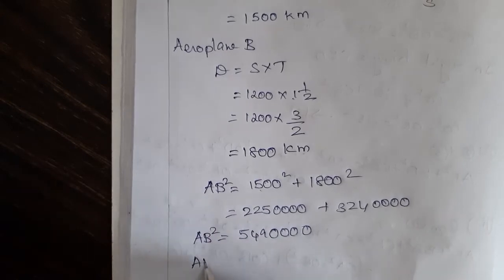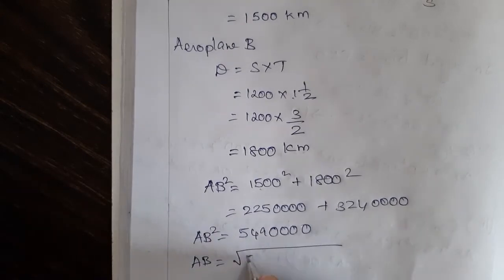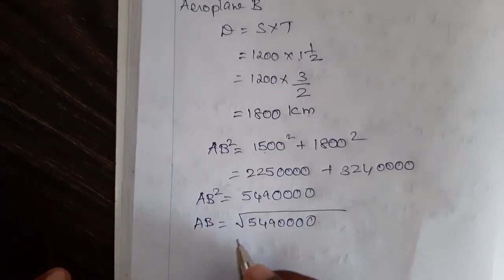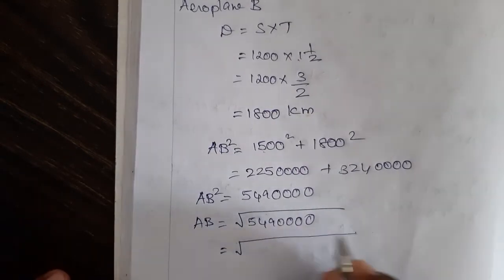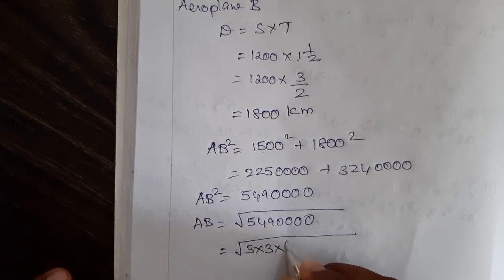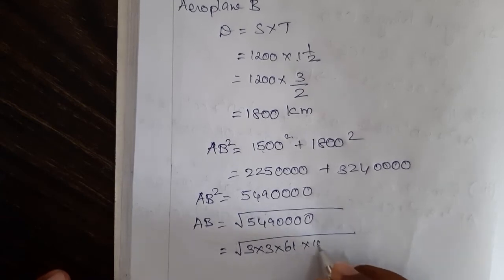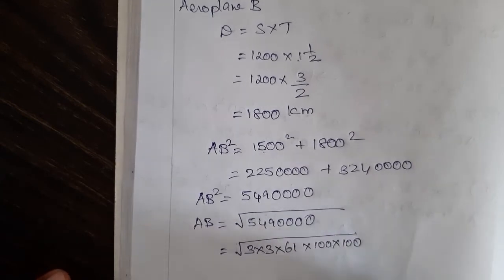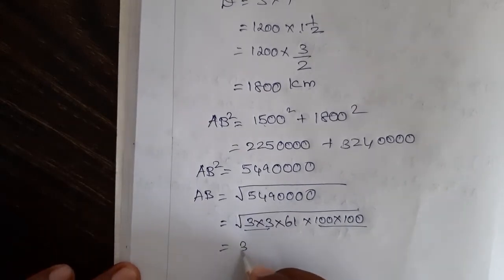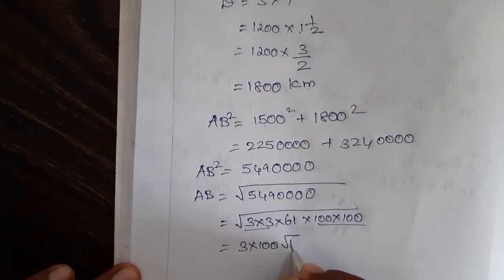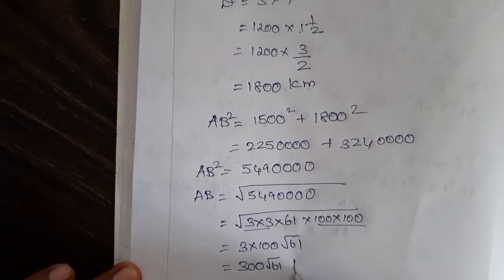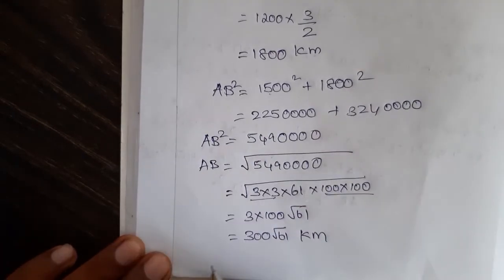What is AB? We have to find the square root of 549,000. So 549 can be prime factored as 3 into 3 into 61 and the 4 zeros I can write as 100 into 100, right? So 3 into 3 is a 1 pair, 100 into 100 is a 1 pair. We can take outside, it is 3 into 100 square root of 61, which is equal to 300 square root of 61 kilometer, right?